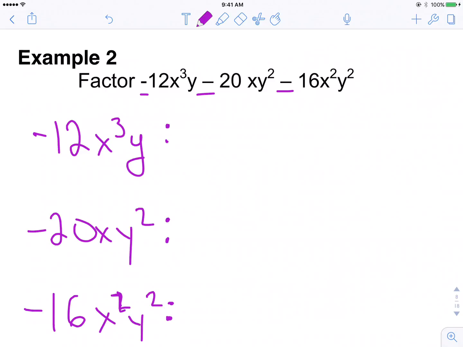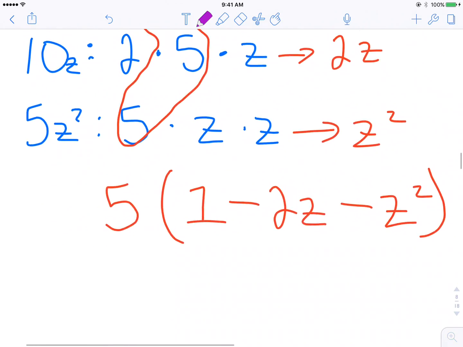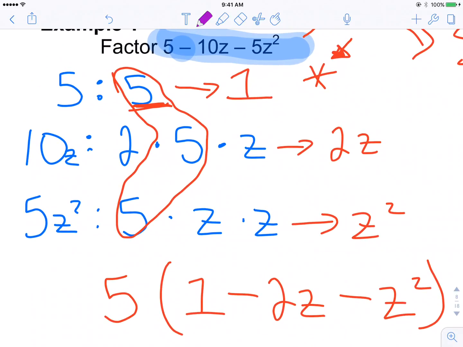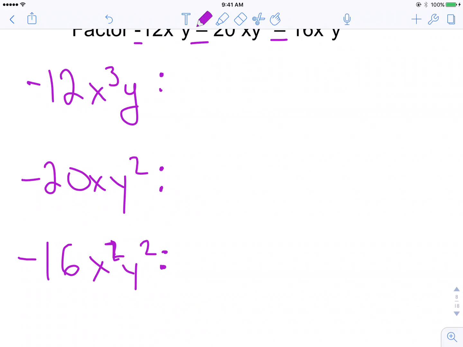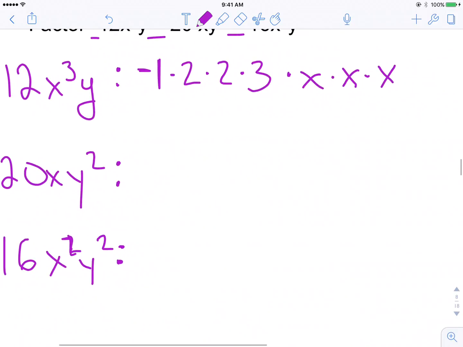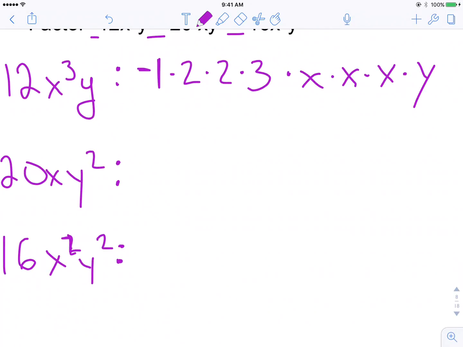Okay, so if I write out my factors of all of these terms, and I didn't show the negative up here just because I wanted to first show you what the greatest common factor idea was all about. Here I'm going to say 12, or negative 12, breaks down into negative 1 times 2 times 2 times 3, and then times x times x times x times y.